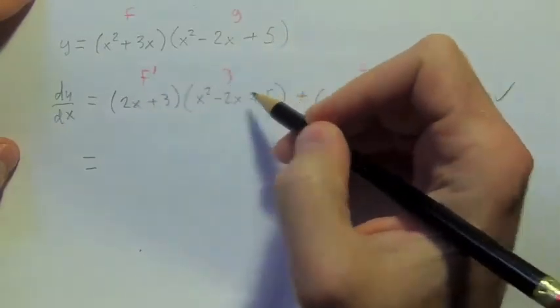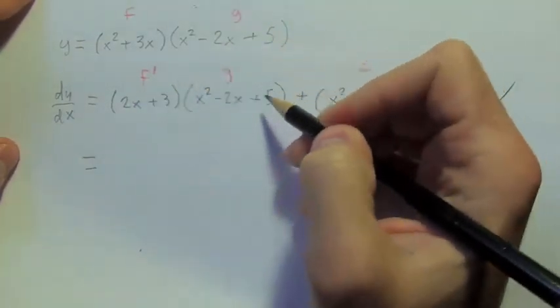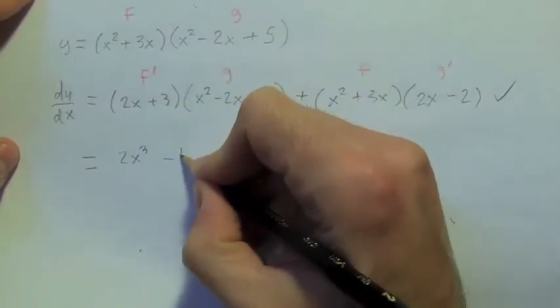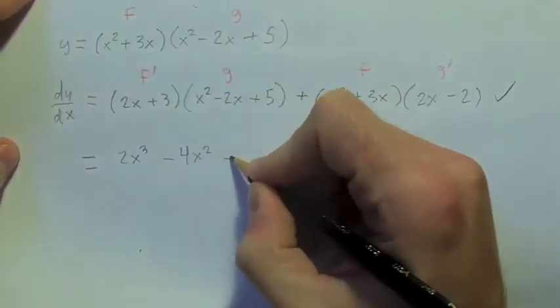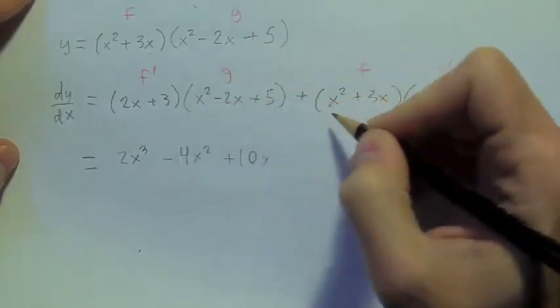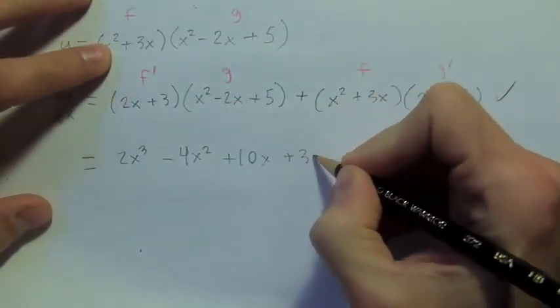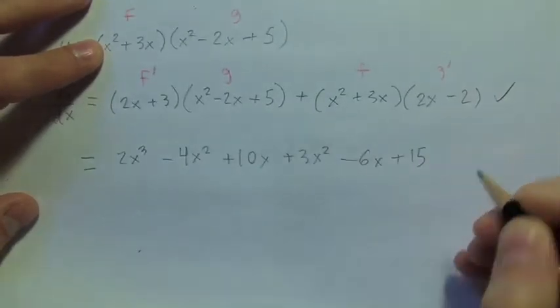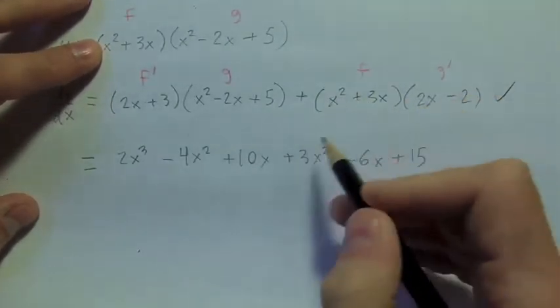Okay, so distributing this out, when you distribute the 2x, you'll get 2x cubed minus 4x squared plus 10x. Then you distribute the 3 and you get plus 3x squared minus 6x plus 15. And then I'm going to distribute this piece out.